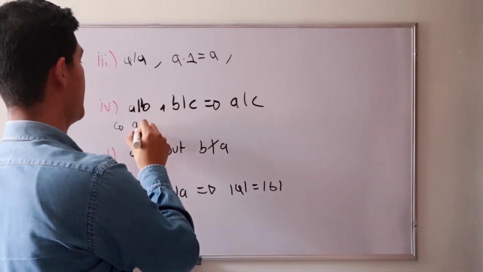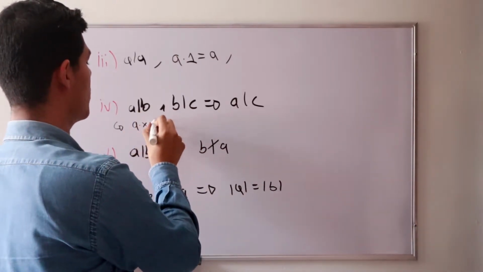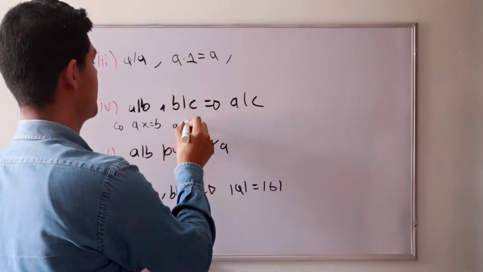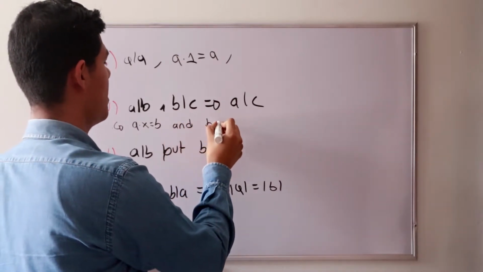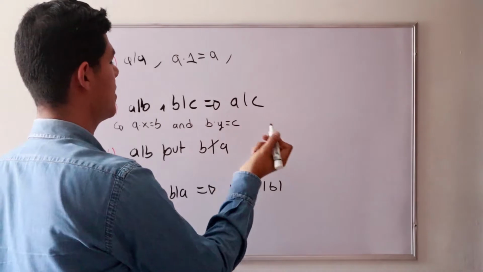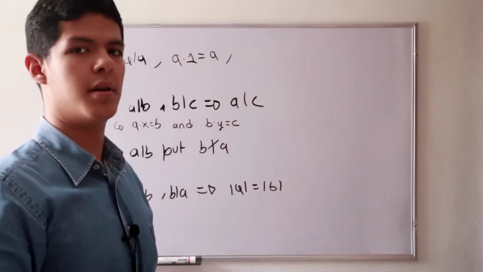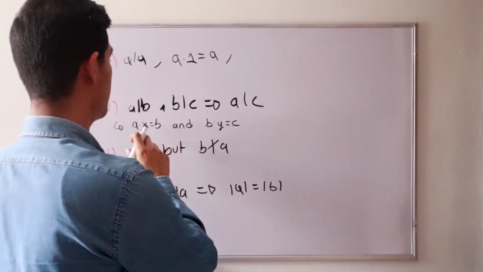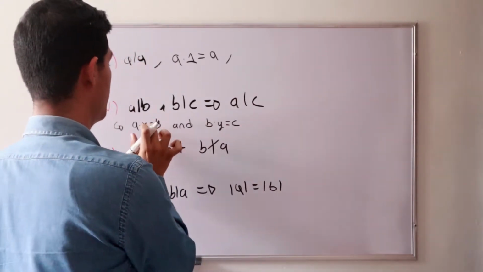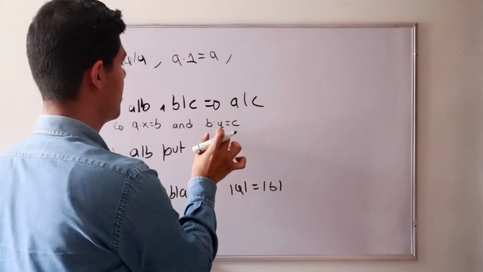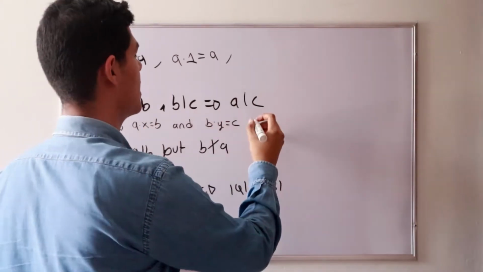It says that A times X equals B, and B times Y equals C. So the only thing that we can do here is to replace this into this equation.